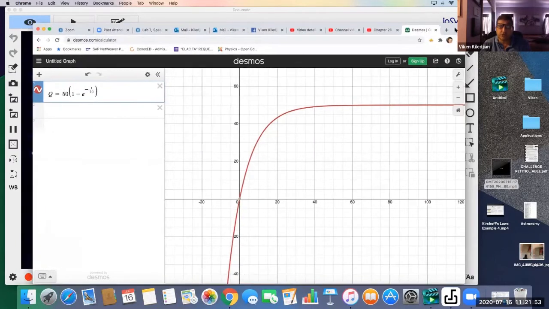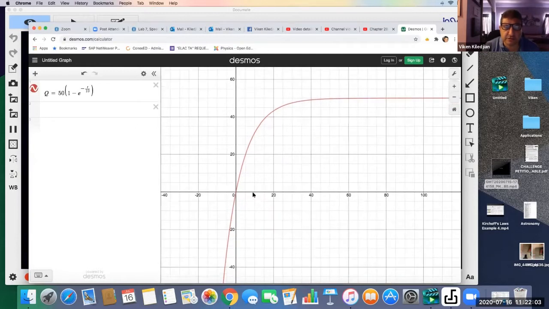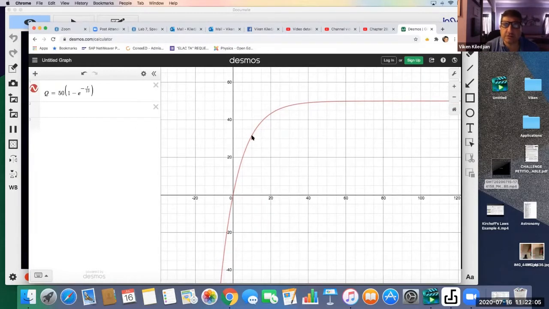So if we look at the graph here, in 10 seconds, if you go up here, I wish I could draw a line here. If you go up, oh, it doesn't let you. So if you draw a line, okay, there's 10 seconds, right? At 10 seconds, what's the charge of the capacitor? 31.606 millicoulombs. What's the eventual charge of the capacitor?